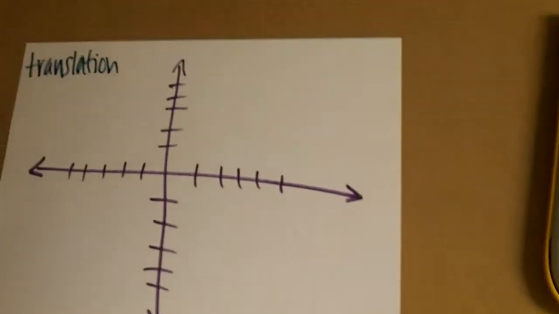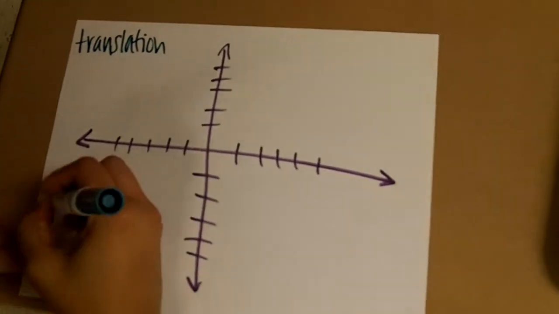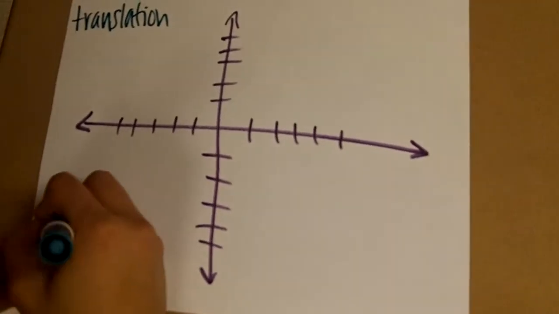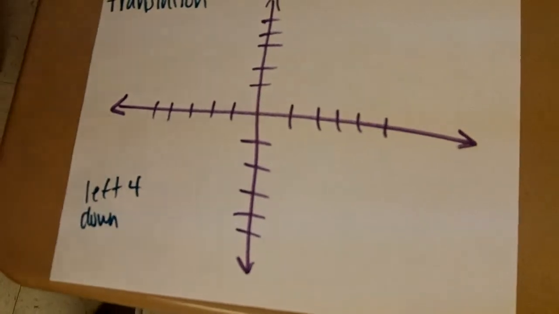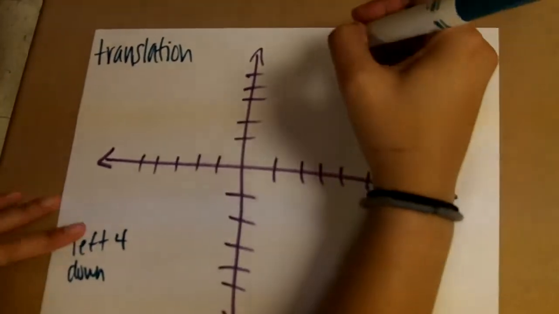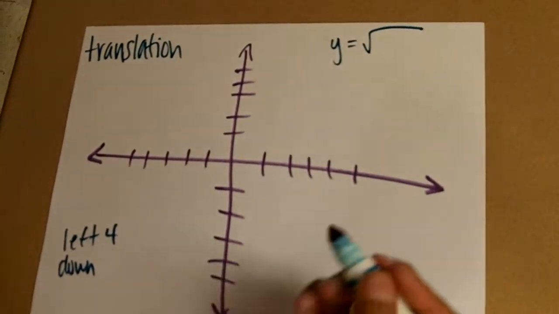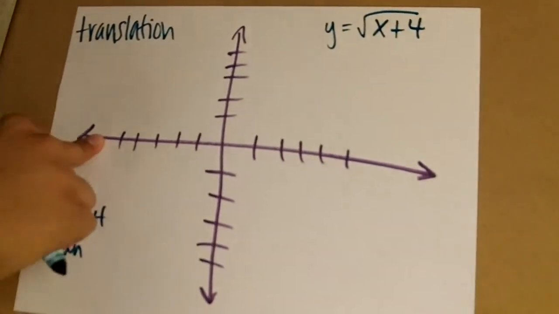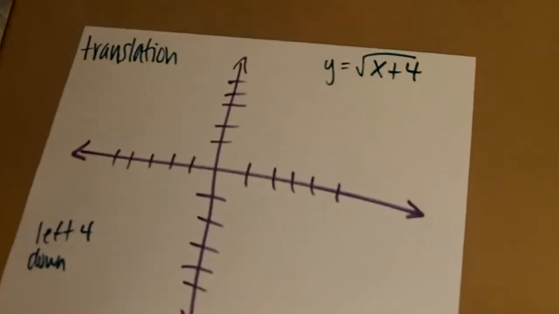Now translation, if we want to move it left 4 and down 2, what we need to change is the number behind the x. You have to add it to move it to the left, which seems odd, but that's how it works.